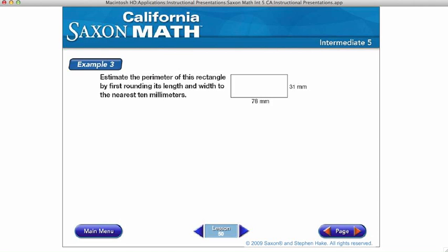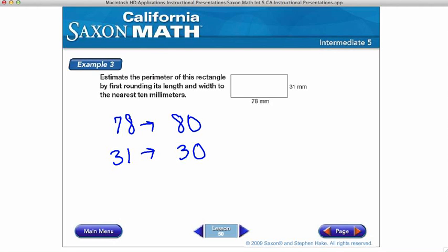Okay, estimate the perimeter of this rectangle by first rounding its length and width to the nearest 10 millimeters. So perimeter we know means all the way around. Okay, so we have 78, which we're going to round to 80, and we have 31, which we're going to round to 30.